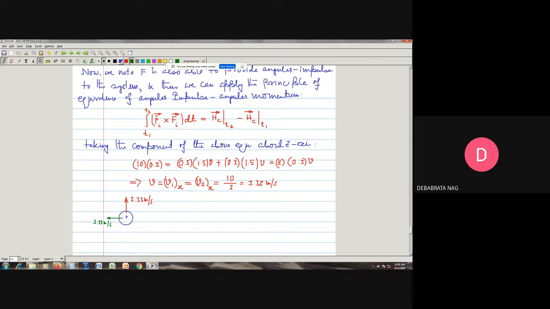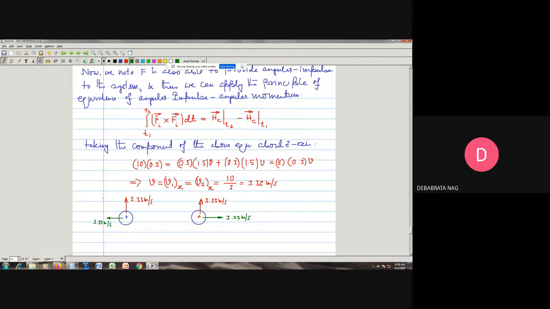Similarly, if we take into account the second sphere, we note that the velocity is in this direction. The y component velocity will be in the same direction of 3.33 meter per second. However, the x component velocity will be in this direction, and that is also 3.33 meter per second.